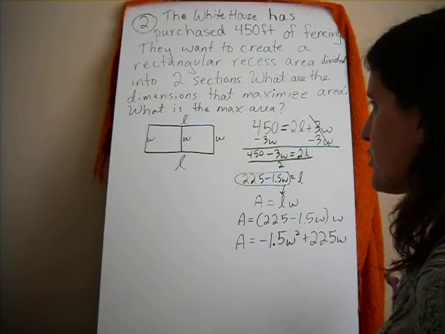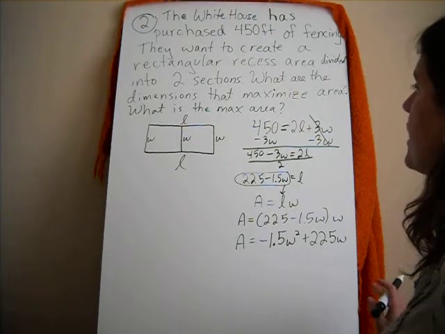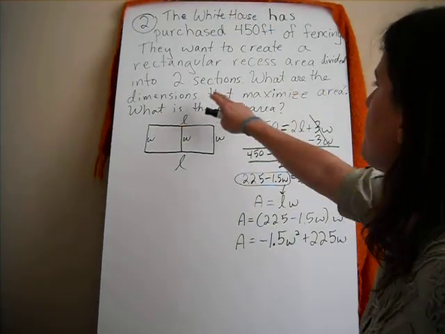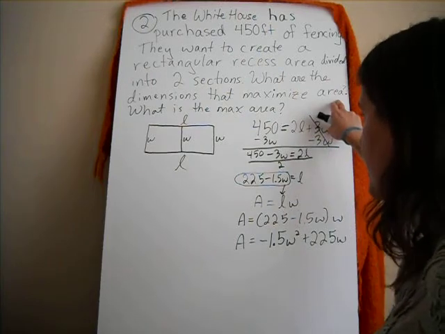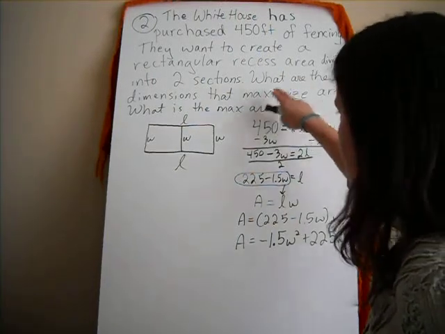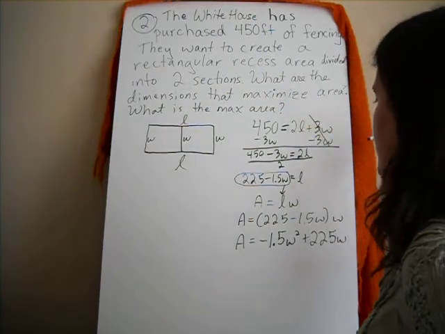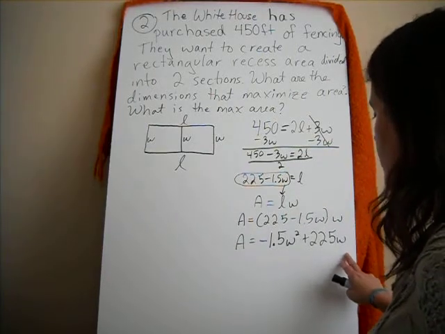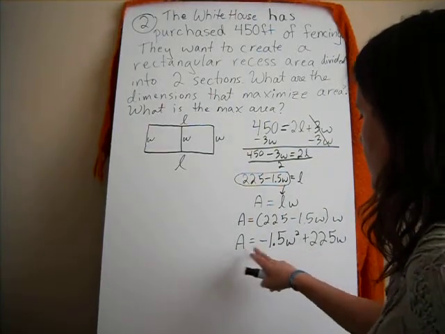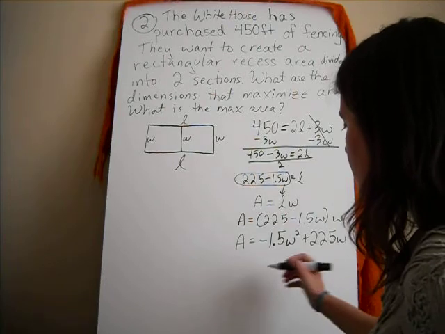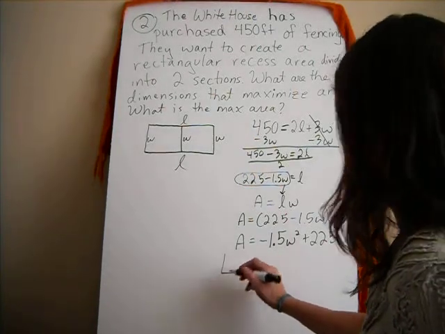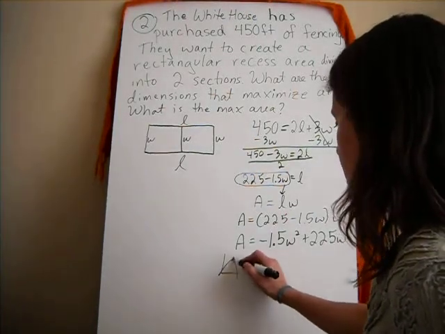So we've finally done all the background work that needs to get done. It asks, what are the dimensions that maximize area? So we want to maximize the area. Here's our area function, so if we want the value of W that will give us the most area, we're looking for our vertex.